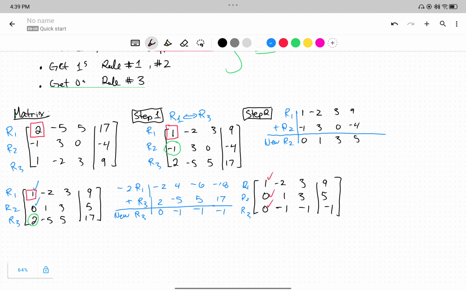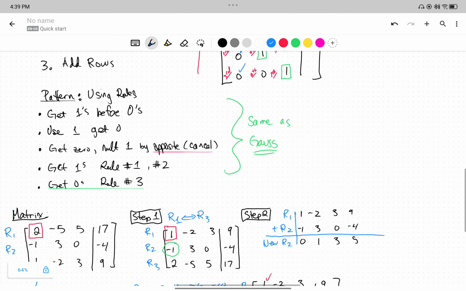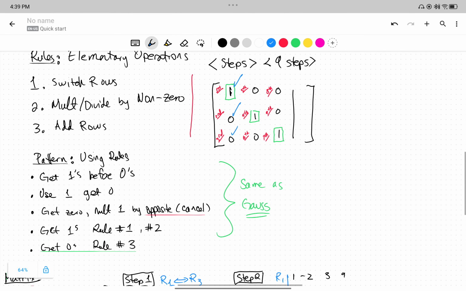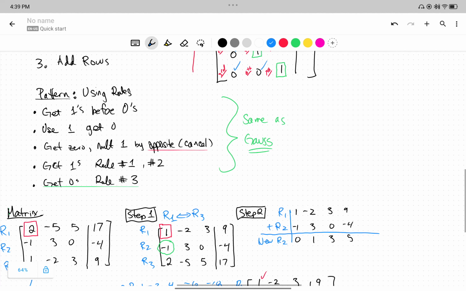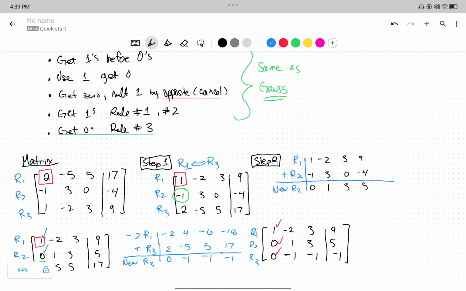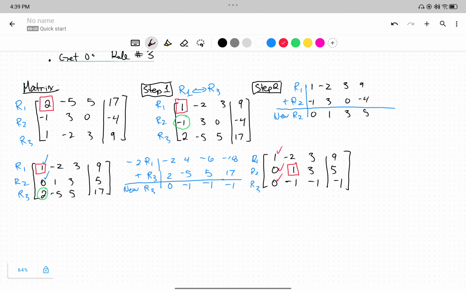Okay, let's see what's next. Well, next it should be the 1 first, then the zeros. It doesn't matter which 0 you get first as long as it's the one that goes first. So that means this is supposed to be a 1. And every now and then you get pretty lucky. That's already a 1. I didn't have to do that extra step.